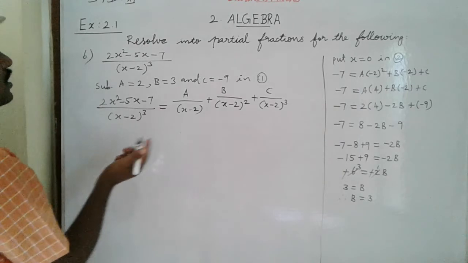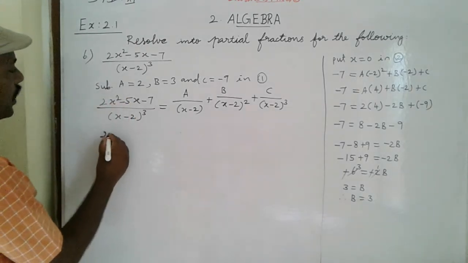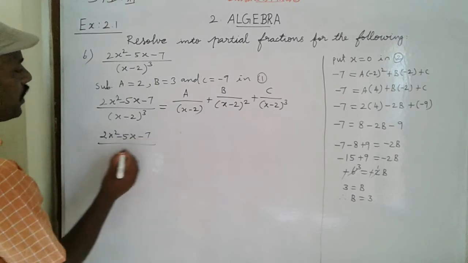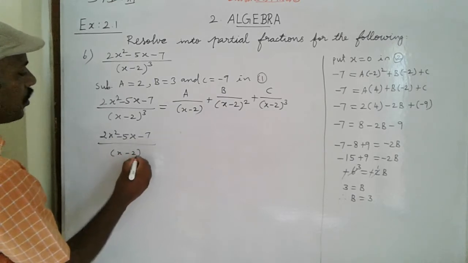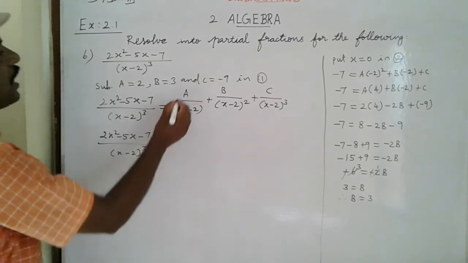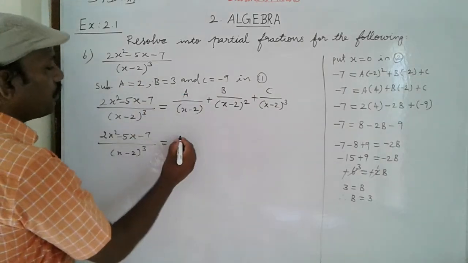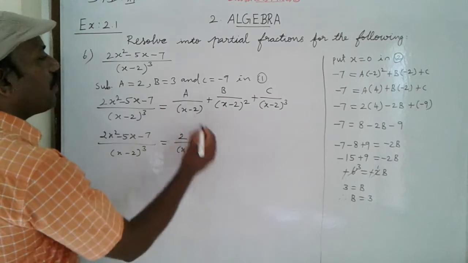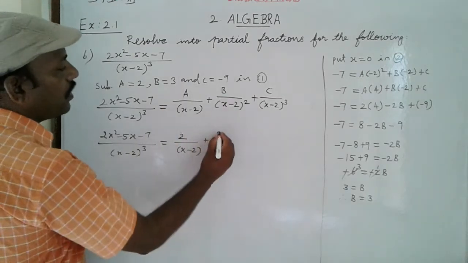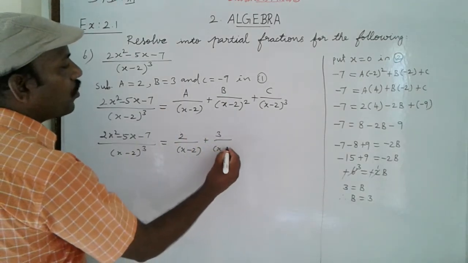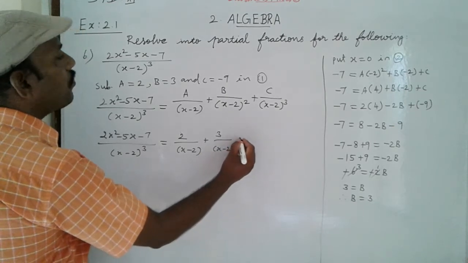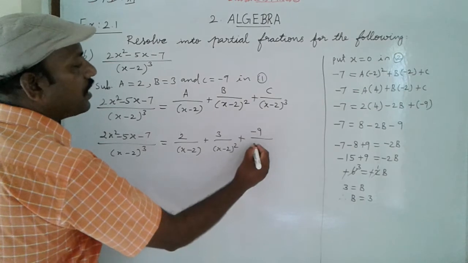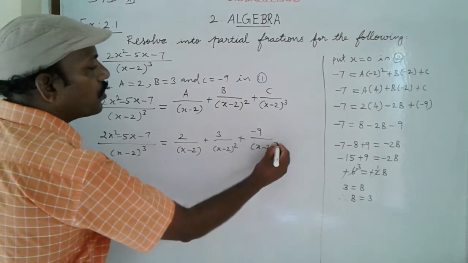This is the first equation: (2x² − 5x − 7) divided by (x − 2)³ equal to the A value, 2 divided by (x − 2), the B value 3 divided by (x − 2)², plus the C value minus 9 divided by (x − 2)³.